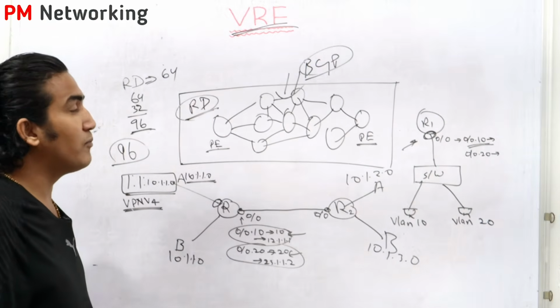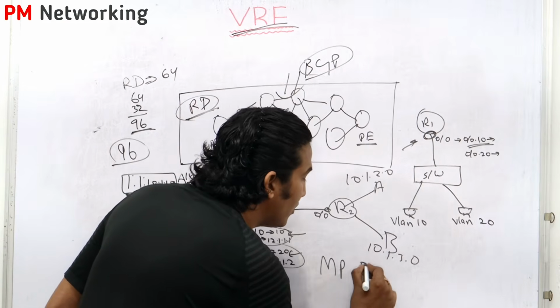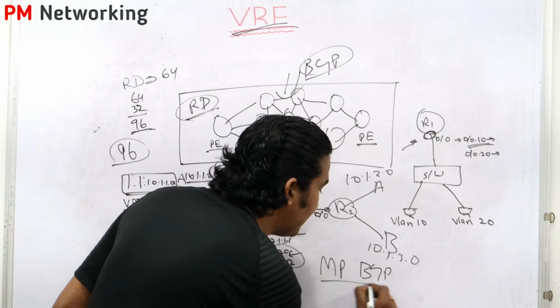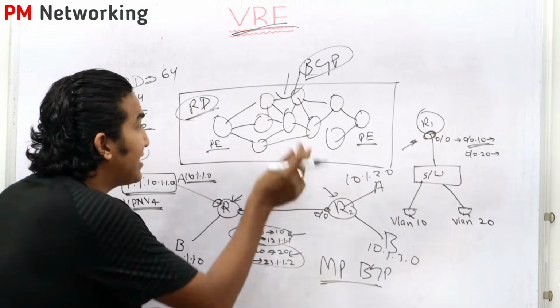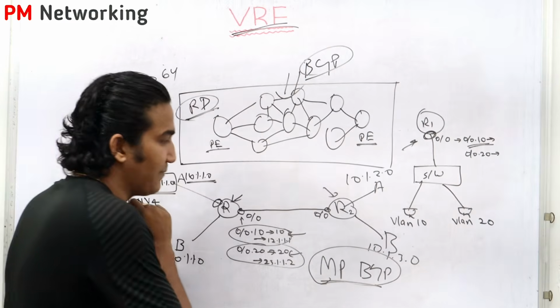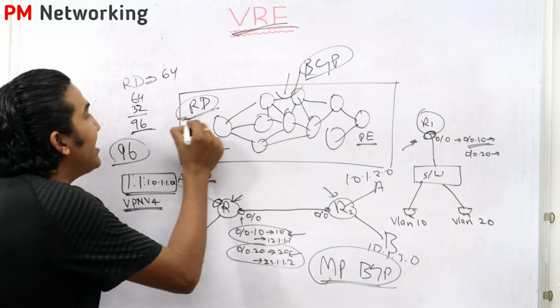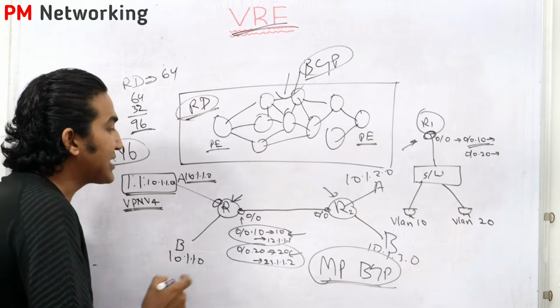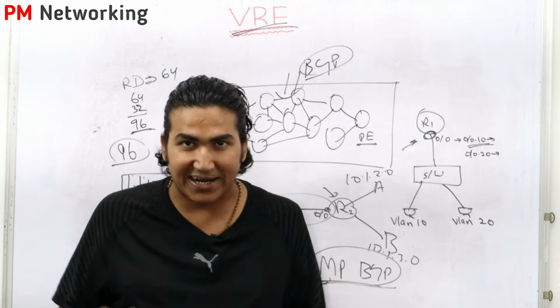So here we have one more type of BGP, that is MP-BGP. Maybe you know or you don't know. So between router 1 and router 2, in the service provider network, we will configure MP-BGP. And MP-BGP configuration, RD concept, and the concept of a single link, I will make you understand in practical.